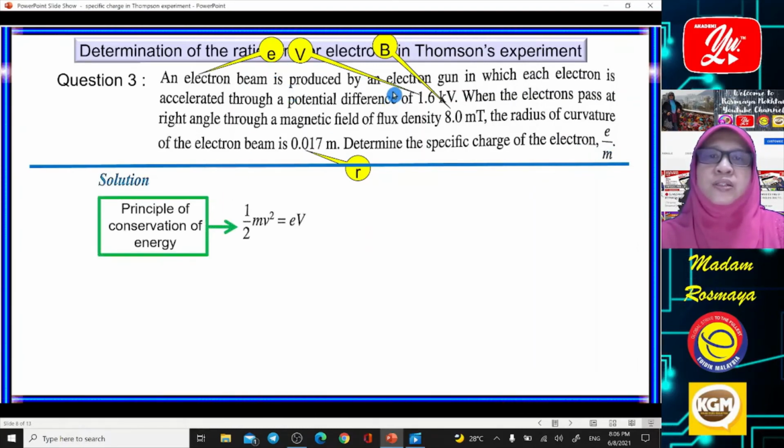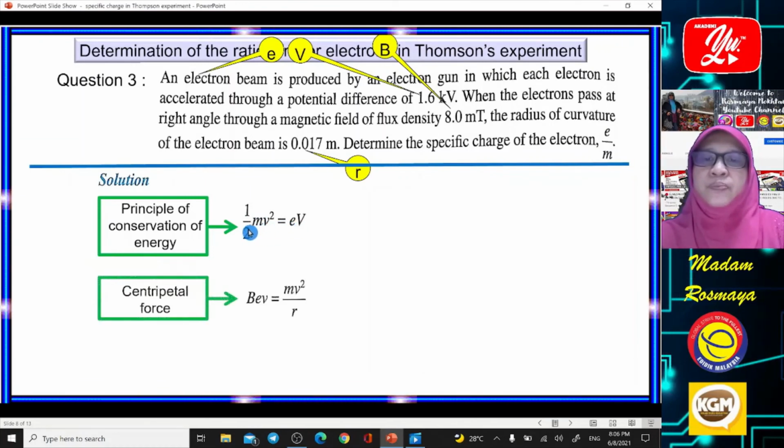Because potential difference is given, and electron is given, we use principle of conservation of energy, where the kinetic energy is equal to the supplied energy, eV. So this is the potential difference across the cathode and anode, where the electron is accelerated, and the change in kinetic energy is the work done, equal to eV.